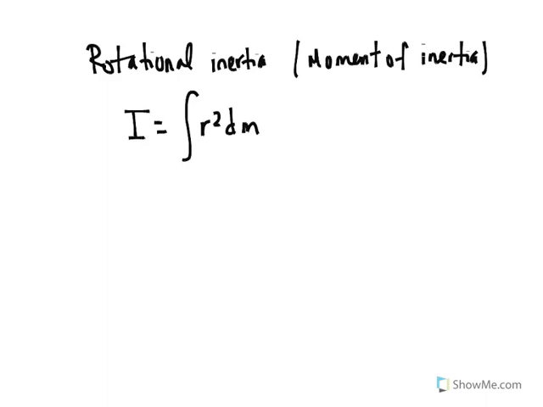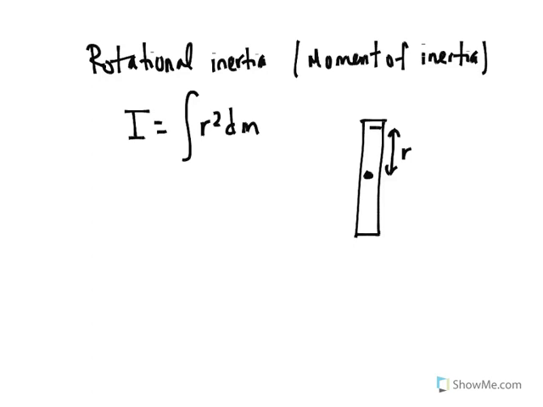So the more the mass, the more the inertia, and the more the radius, which is the distance from the rotational point to any given point, the more the moment of inertia.